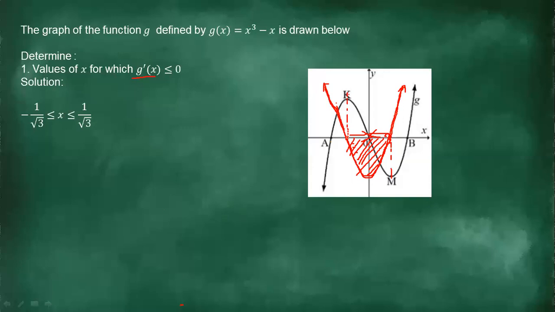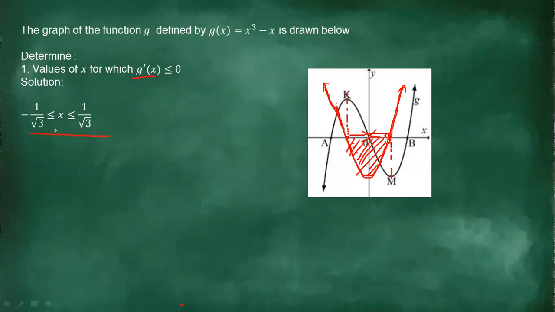We cannot go to the left, and we cannot go to the right, because when you go to the right, that's where g prime is going to be greater than 0. But we want where g prime of x is less than or equal to 0. So it's between these 2 points, which are negative 1 over square root of 3 and positive 1 over square root of 3. Then you can see this is going to be the solution.